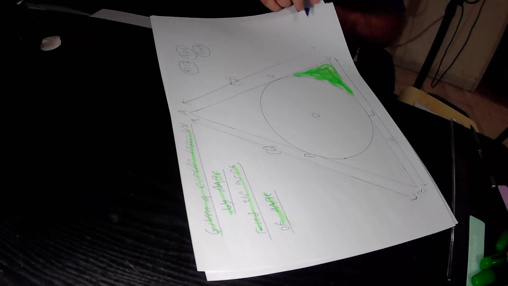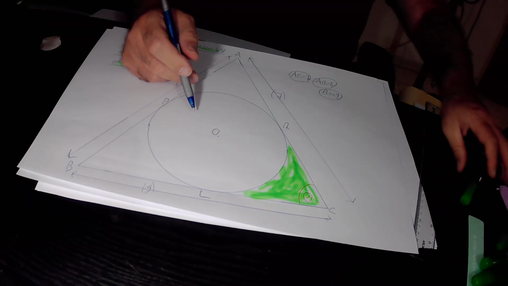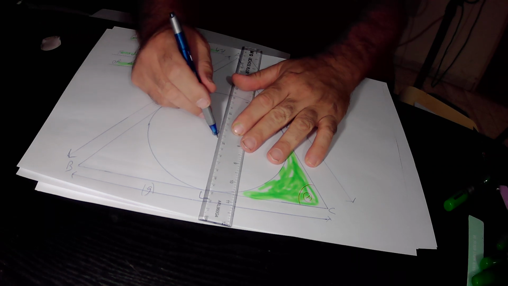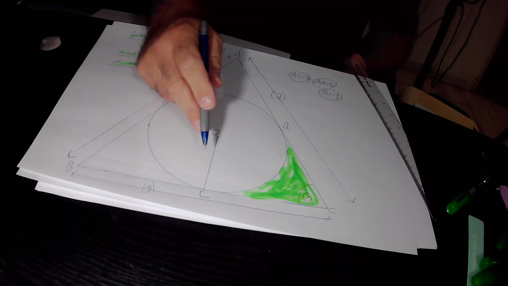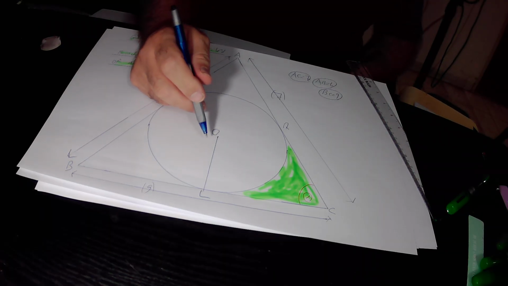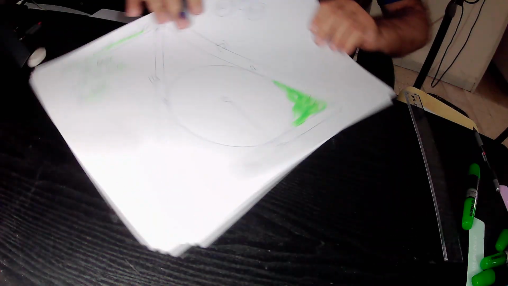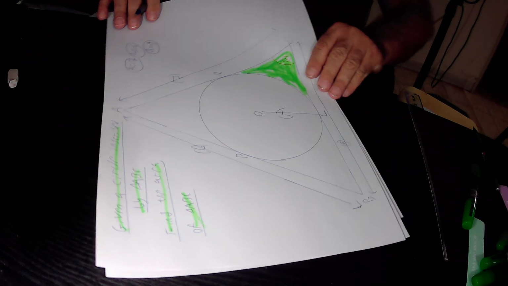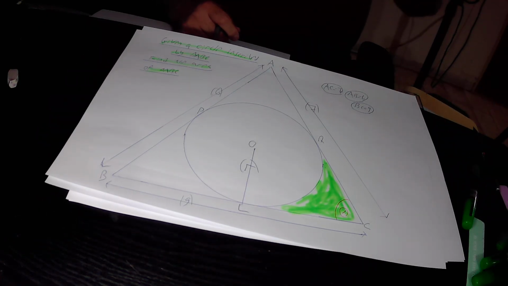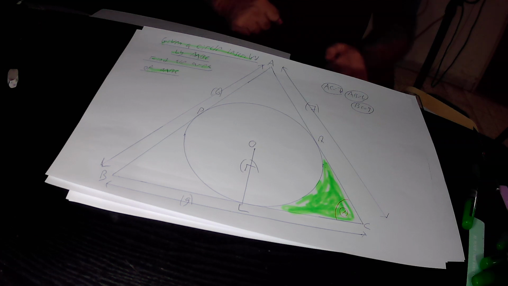In the next step, we will join points O and L together by a straight line. Point O is the center of the circle, point L is a point on the circle itself, therefore OL is the radius of the circle. We will define the radius of this circle as R, so OL equals R. Here we can implement rule 1. The radius OL is drawn to point L, that is the point of tangency of BC with this circle.